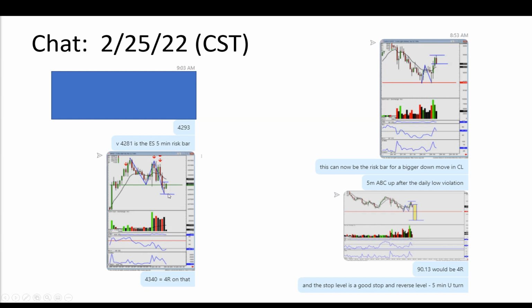It's a 5-minute ABC down after a high violation, and I even drew in what the move to 90.13 would look like from up there to down here. 90.13 would be 4R. And the stop level above here, just coincidentally, which ties into the work we did with U-turns yesterday, would also be a good stop and reverse level because it is a U-turn.